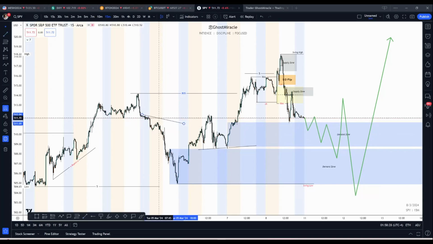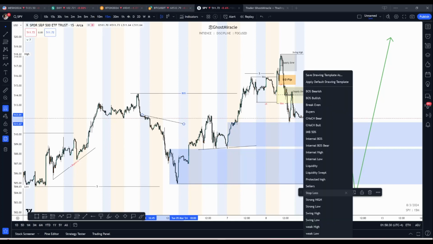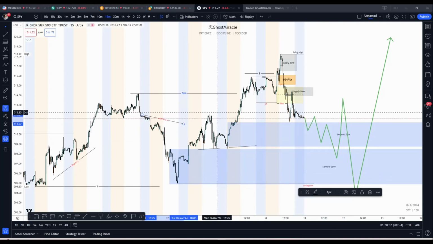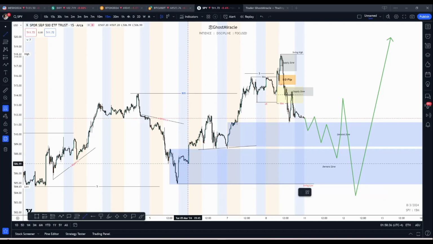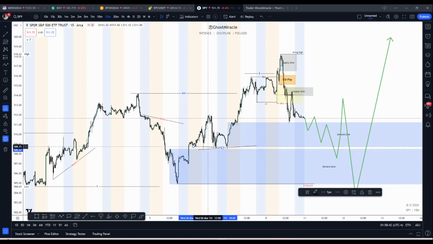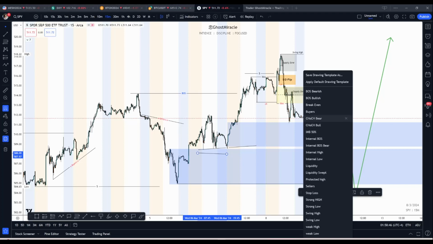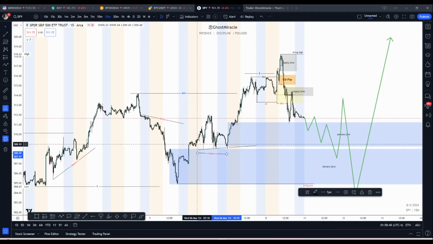Sellers here, all in this area. Price took out these sellers here and then dumped a little bit. Took out buyers here, all in this area here. You got buyers.